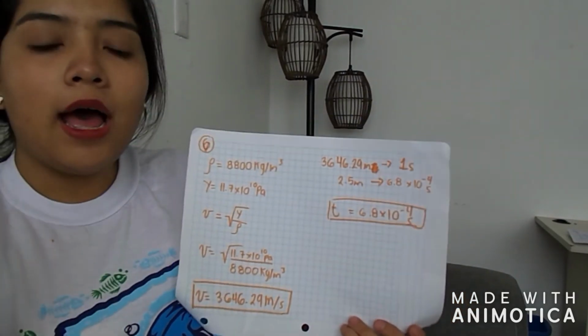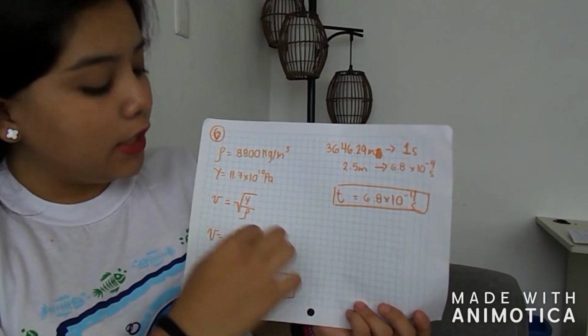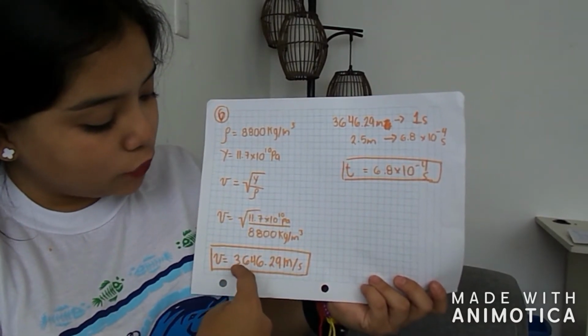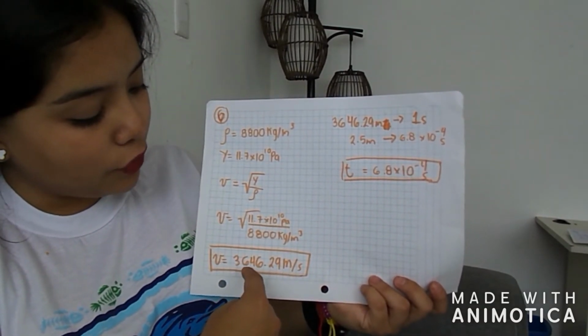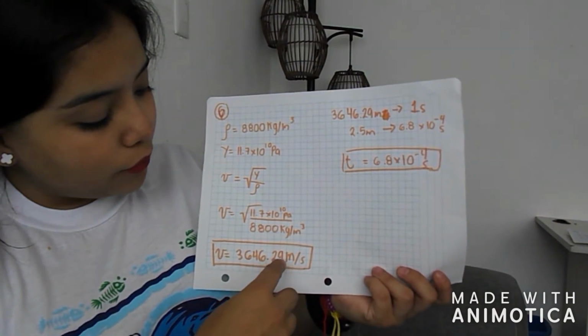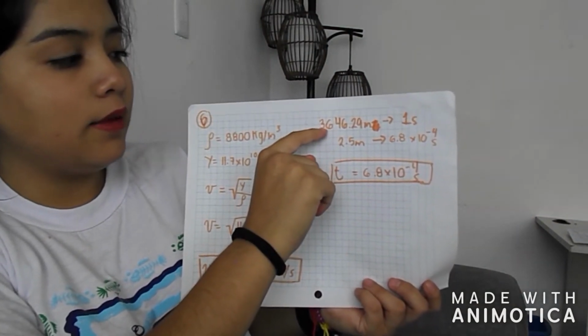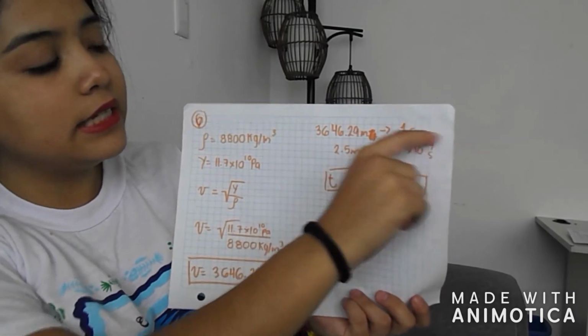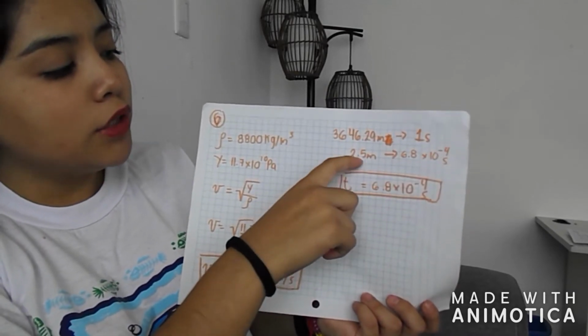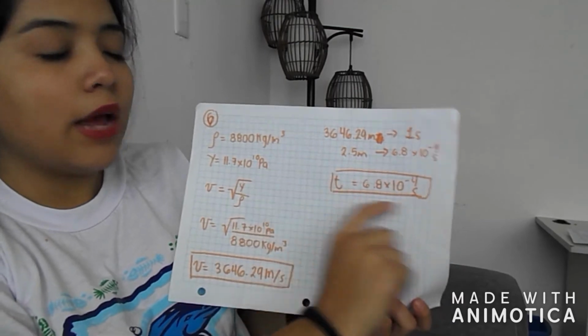Then we use a rule of 3, because we have that 300,646.29 meters per second. In 1 second, the sound has this distance. So how much time will it take for 2.5 meters, and we have the time.